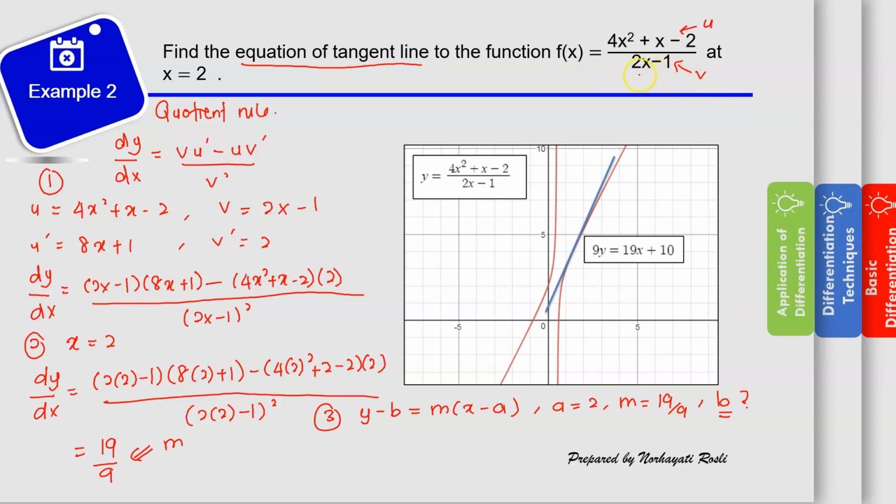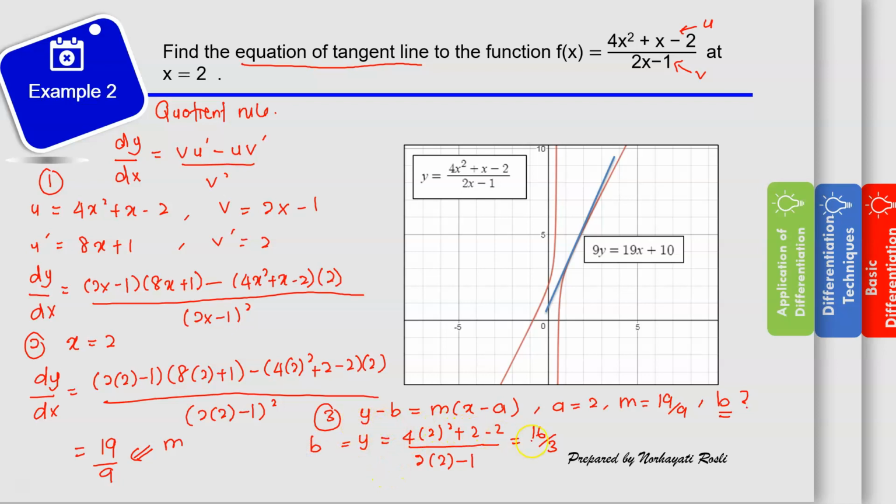To get the y at x equal to 2, you need to substitute the value of 2 in this original function. That is here, our y will be equal to (4 times 2 squared plus 2 minus 2) divided by (2 times 2 minus 1), which is here, the answer is equal to 16 over 3. So this is equal to the b value.